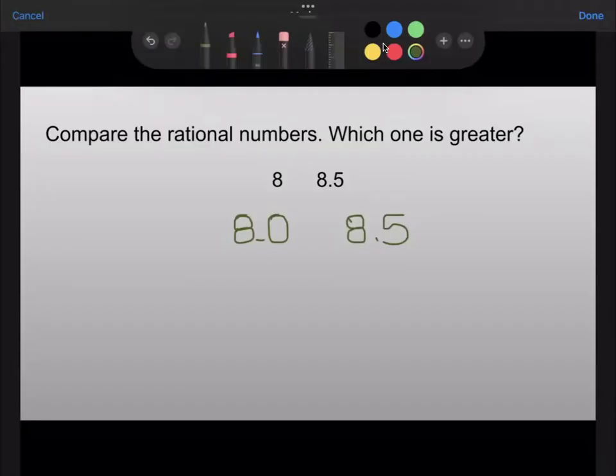Now, when I'm comparing this, it's a little bit easier because I can kind of ignore the decimals and compare 80 to 85. 85 is bigger than 80, so that means 8.5 would be greater than 8 or 8.0. Also, having two whole numbers of 8 is not able to compare, but if you have 5 tenths, that's more than 0 tenths. So that means the symbol is going to open up to the 8.5. So 8 is less than 8.5.